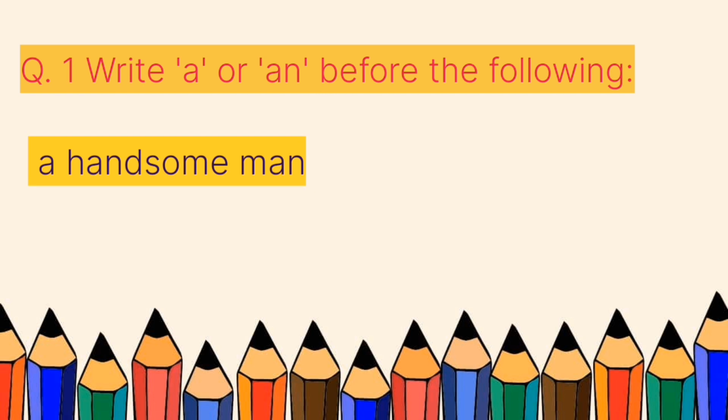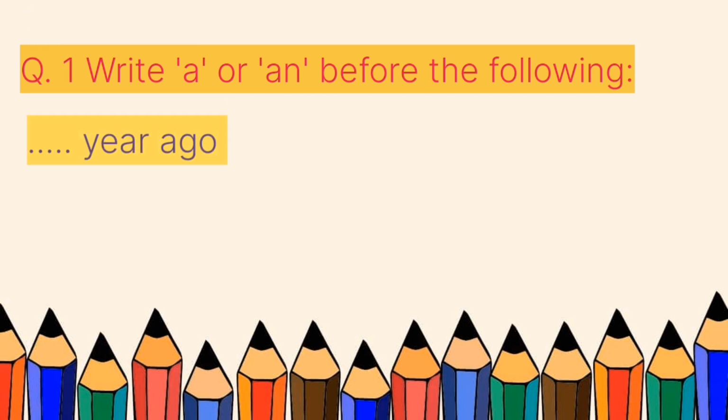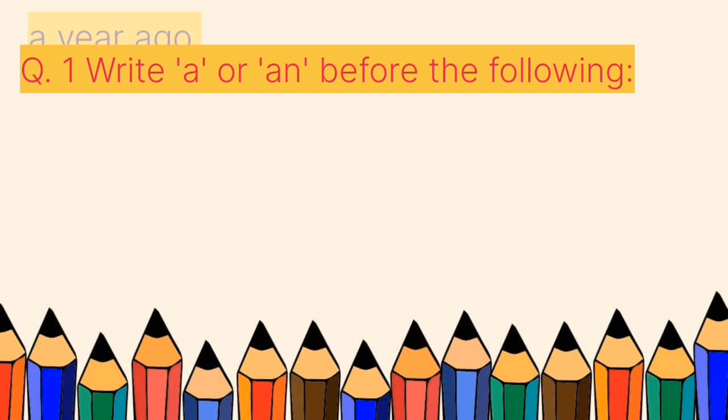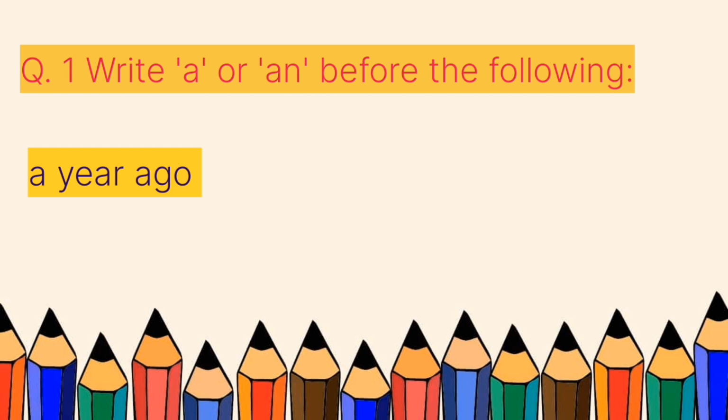The word handsome starts with the consonant sound H. So, the article a is used. Next, dash year ago. The answer is a year ago. In this case, year is a singular countable noun. A is used before it to indicate one year. Here, year begins with the consonant sound Y. So, a is used.